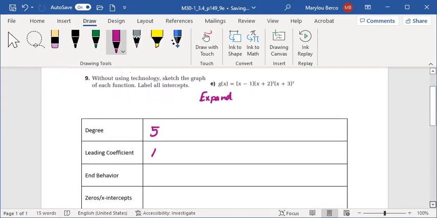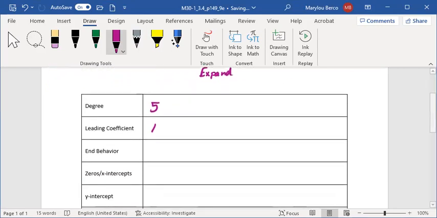The end behavior: it extends down into quadrant 3 and up into quadrant 1.